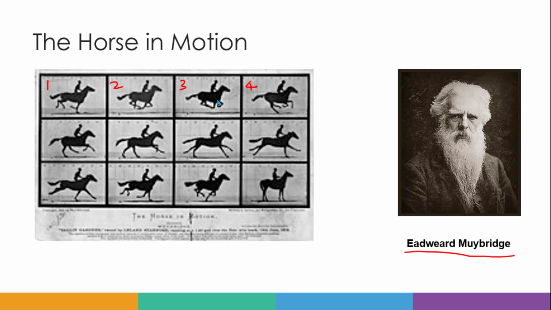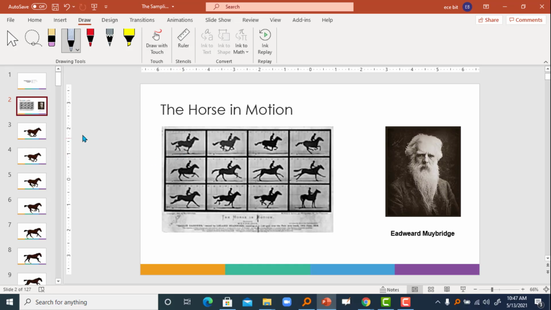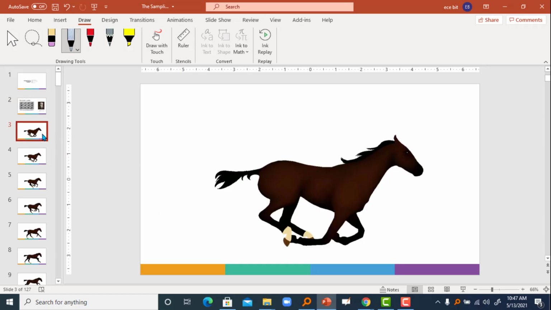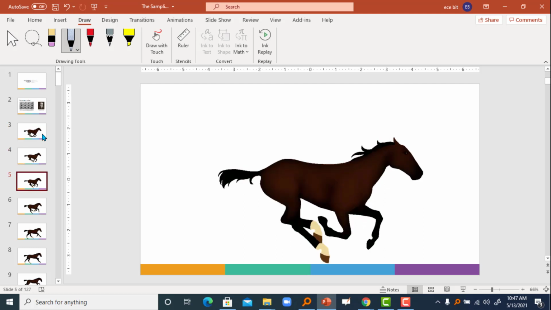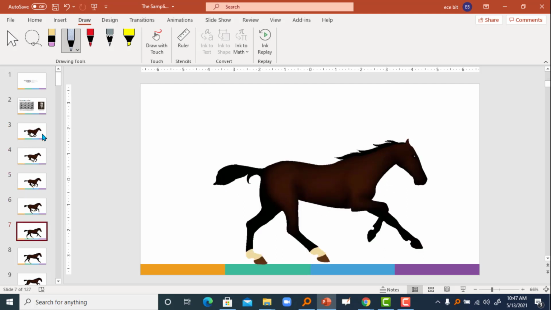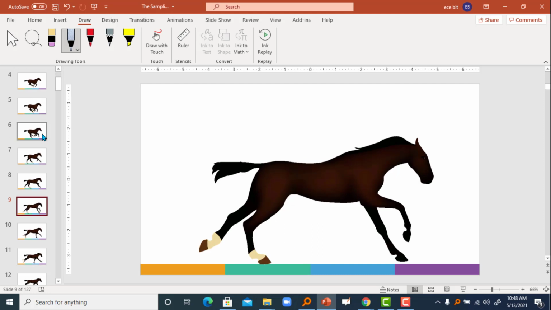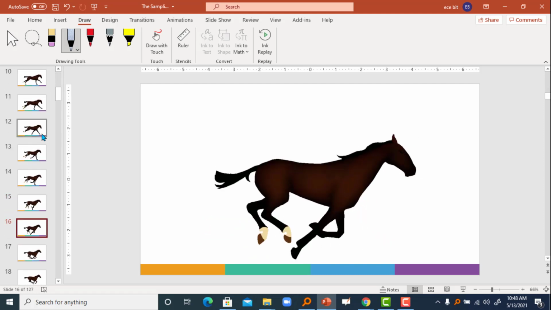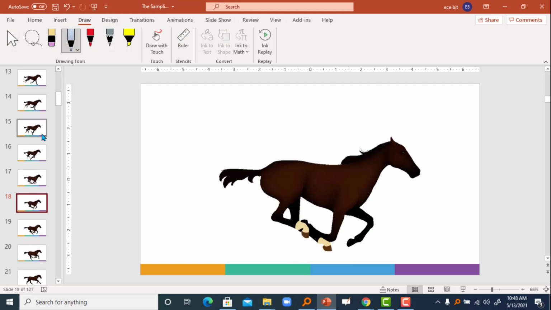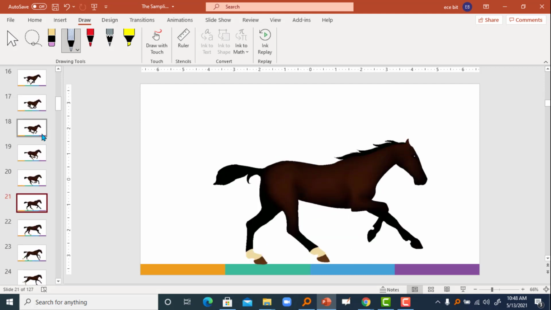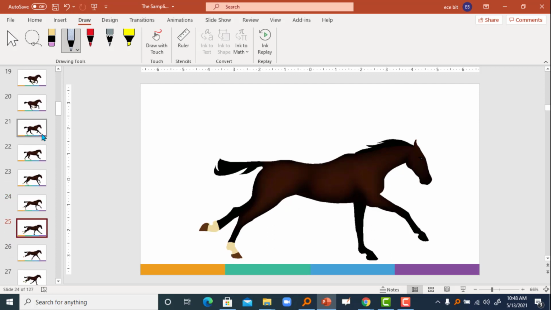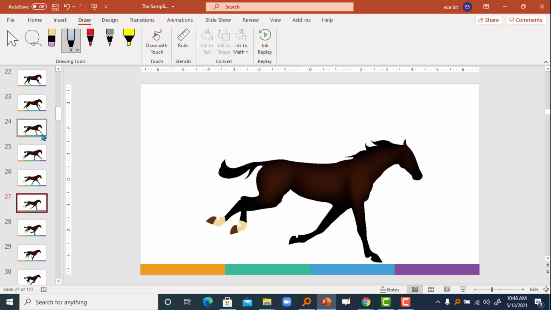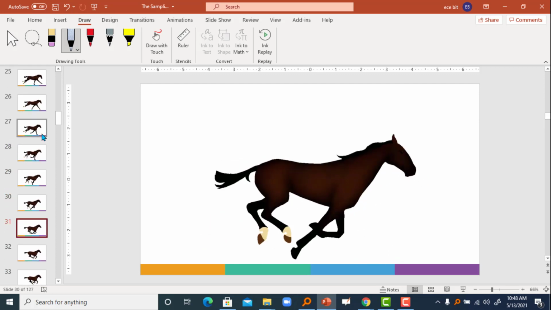So we are also going to conduct the same experiment here in this particular PowerPoint. In this PowerPoint, I have included some different pictures of the horse. These pictures are taken from the motion of a horse. These are simple pictures and there is no video in this PowerPoint, and these pictures are arranged in such a way that it will give the feeling of the continuous motion of the horse.